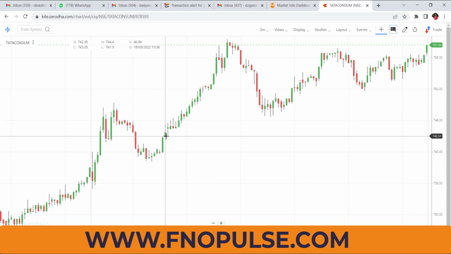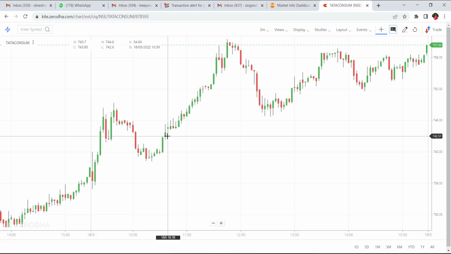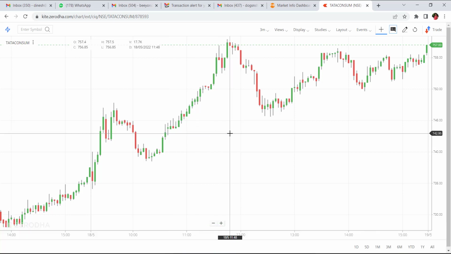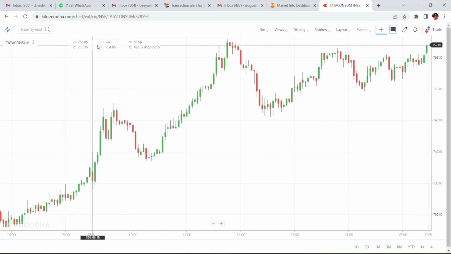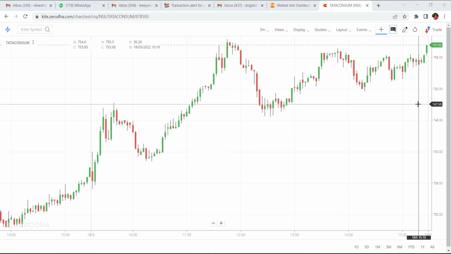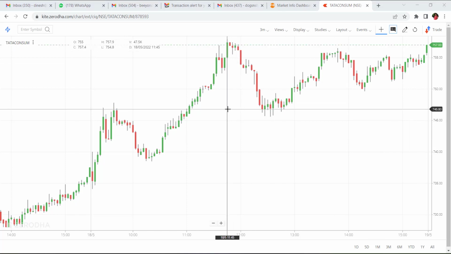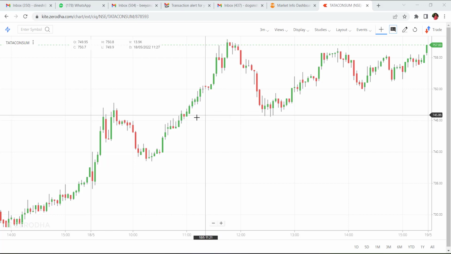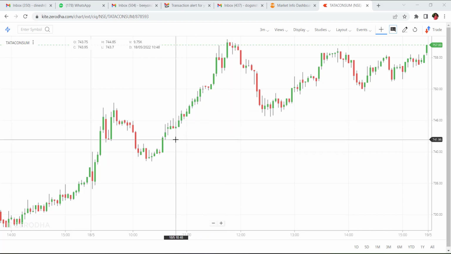If you had taken the entry at 742, it went high up to this one, 757. Almost you got 15 points in this. For intraday trading, it will be very useful for you.